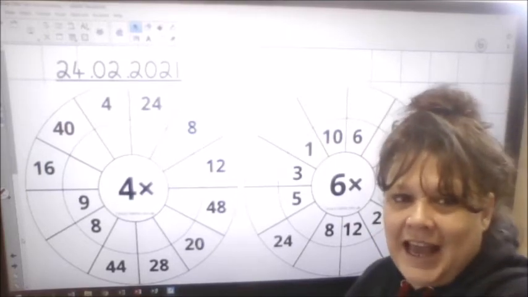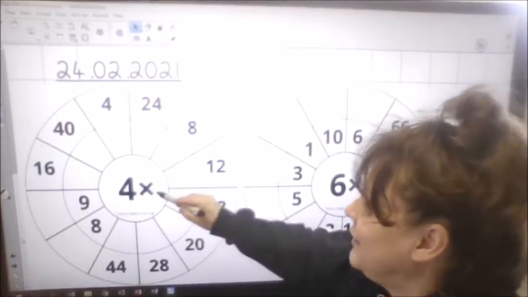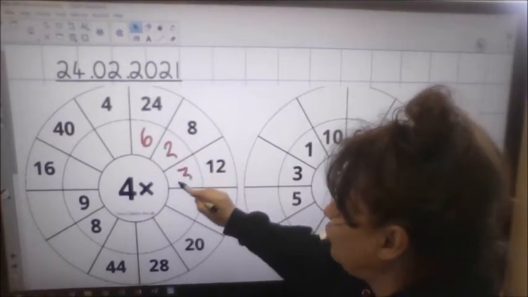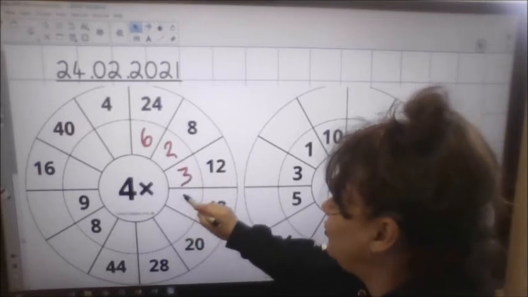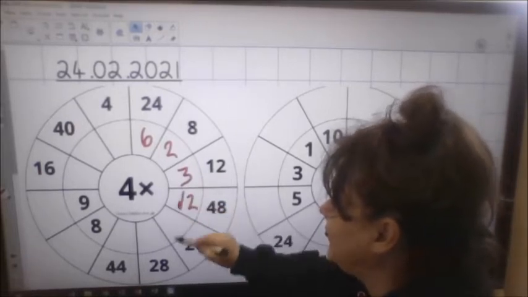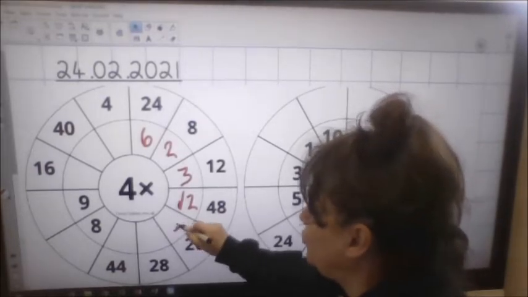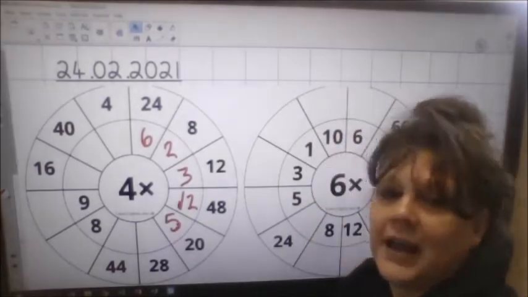Okay, Year 6, let's see how you got on, shall we? So 4 times 6 is 24. 4 times 2 is 8. 4 threes are 12. 4 times 12 is 48. 4 times 5 is 20. Oh, my board does not want to write today, does it? There we go.